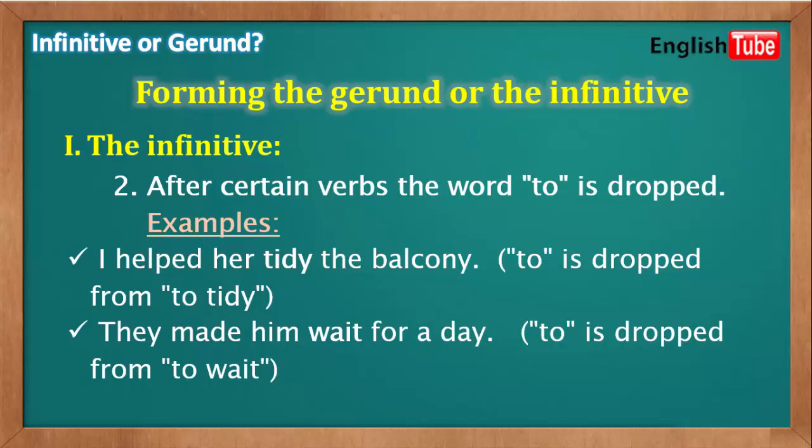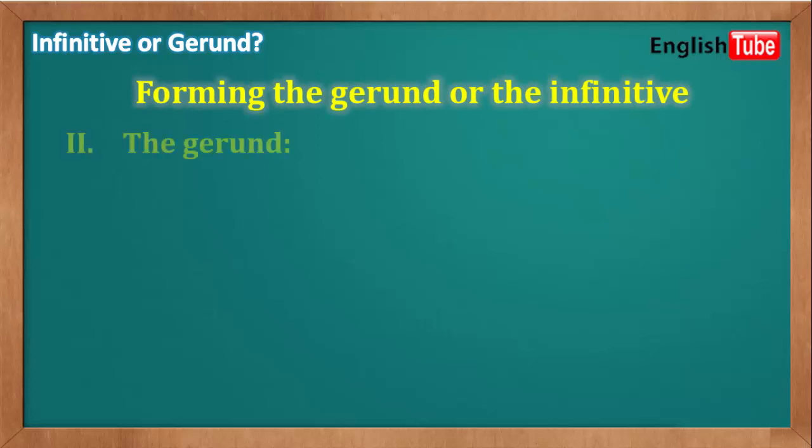To here again is dropped from to wait. So you can also say they made him to wait for a day, but it's better again to say they made him wait. You can do without to because the verb does not require this particle. Good. Let's go on right now.